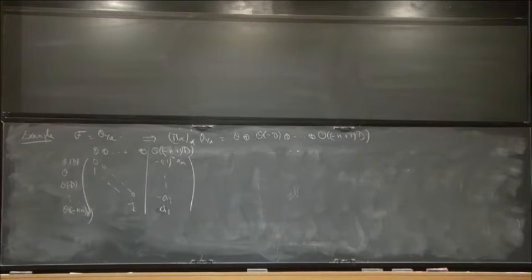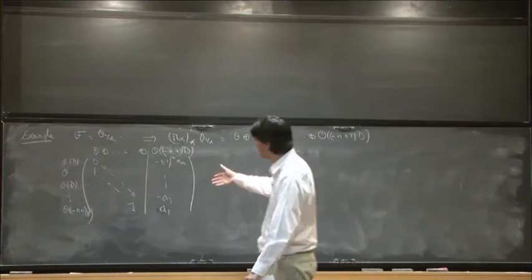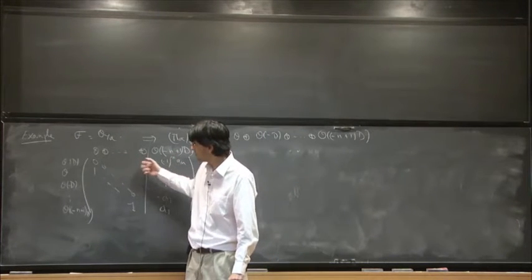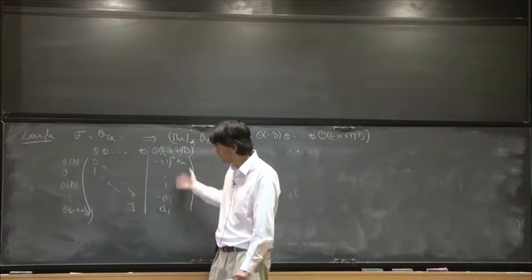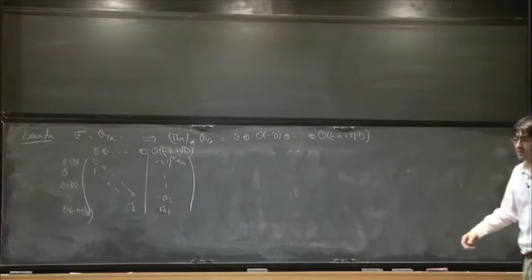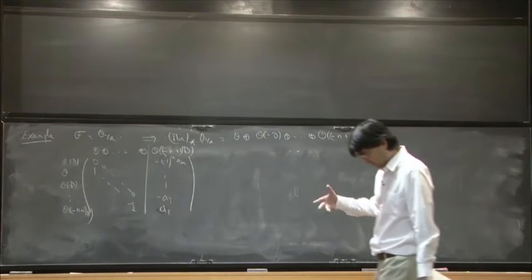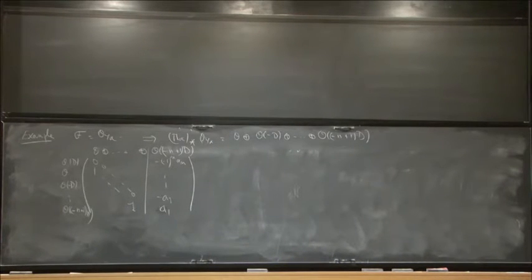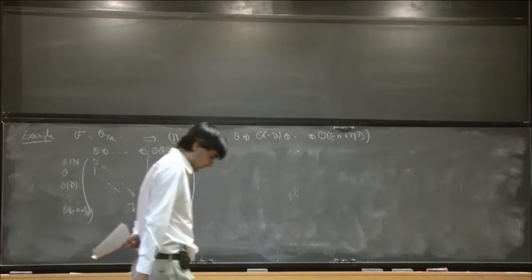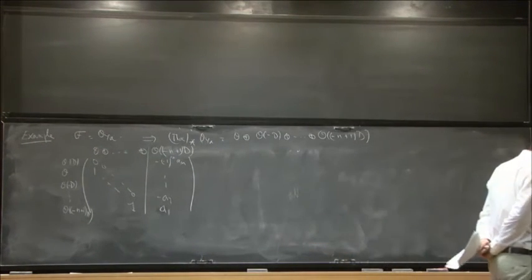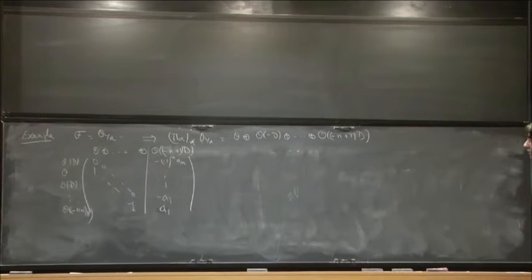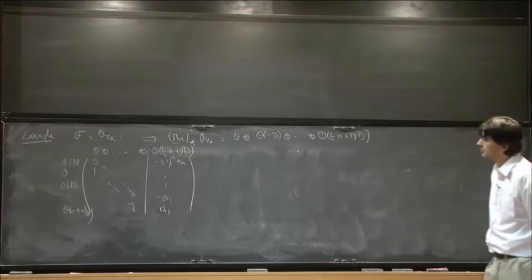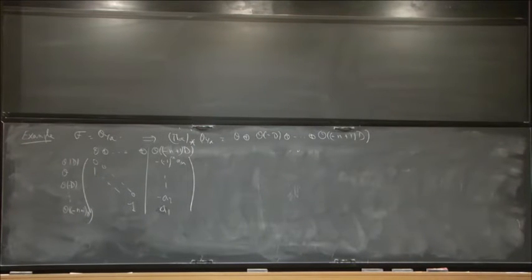Okay, and let me just say as an aside, as a remark, that at each point such an endomorphism is regular semi-simple. At each point we have an endomorphism of a vector space of dimension n, and it is regular in the sense that the centralizer in GL_n is of minimal dimension n.